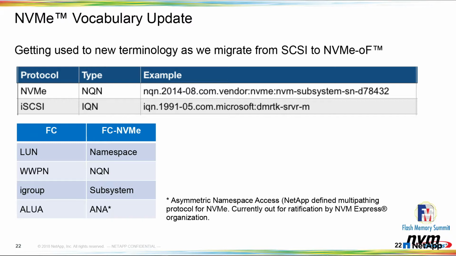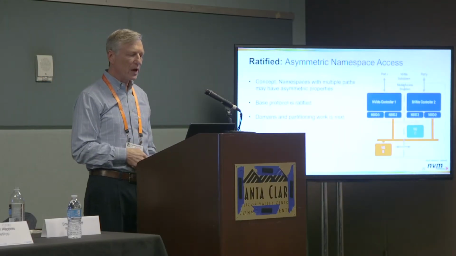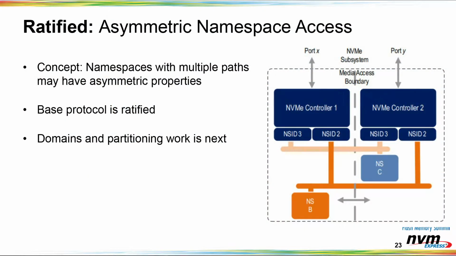And I'm kind of proud that NetApp has played an important part in leading those technical specifications, my colleagues, Fred Knight and others, because it's really important that we provide standards so that our customers can update to these new technologies. And recently, the ratification of ANA was, I think, an important step in that process.